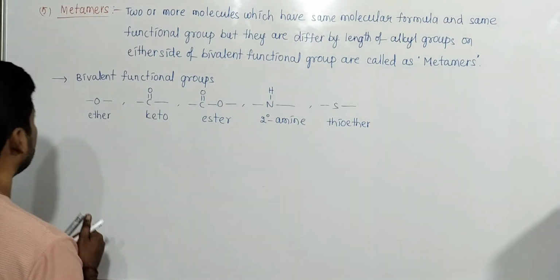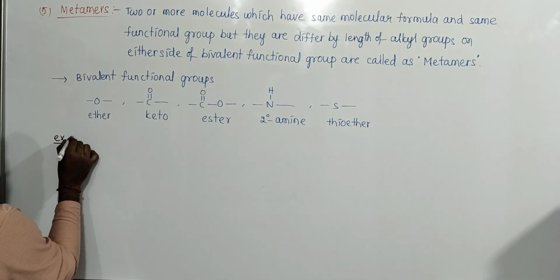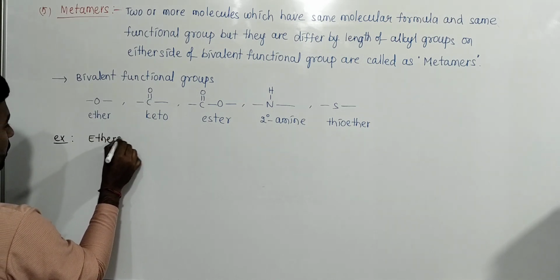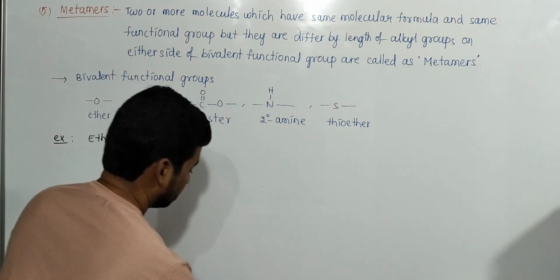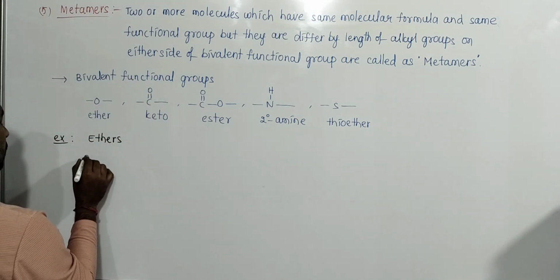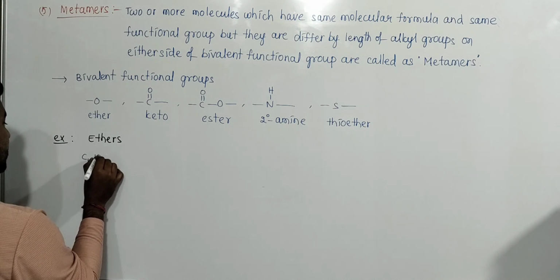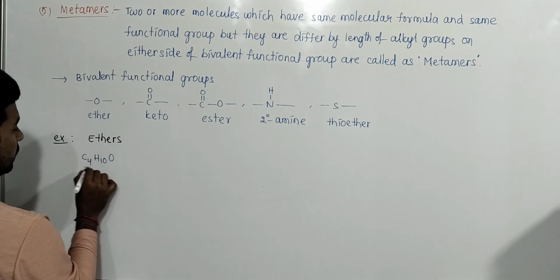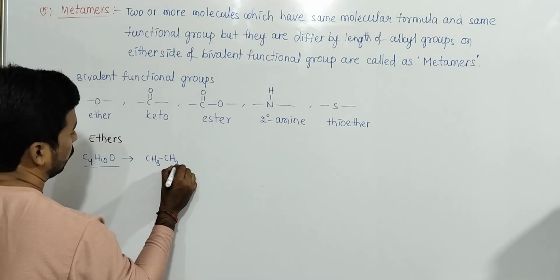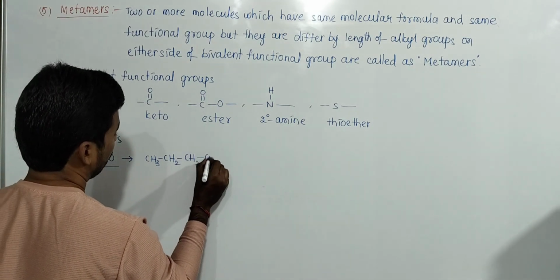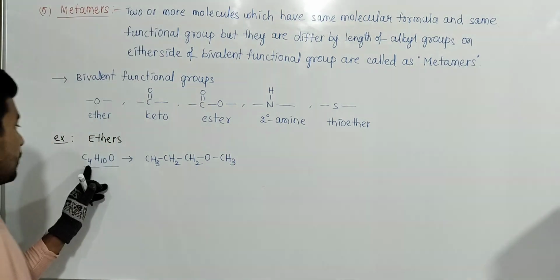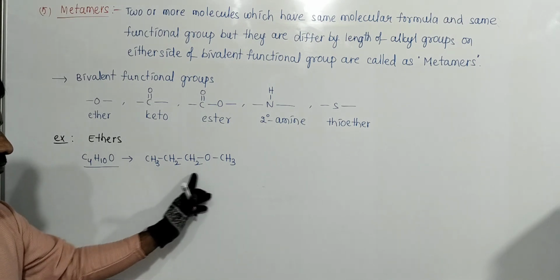See some examples for metamers. For example, first, ethers. In ethers, the bivalent functional group is O. Take C4H10O: CH3, CH2, CH2, O, CH3. Verify the number of carbon atoms: 4 carbon atoms, 10 hydrogen atoms, 1 oxygen atom.